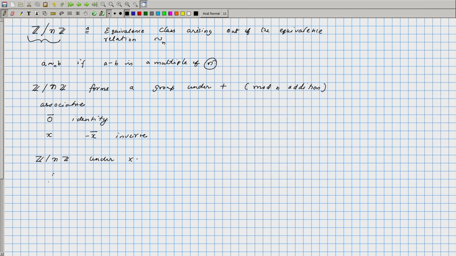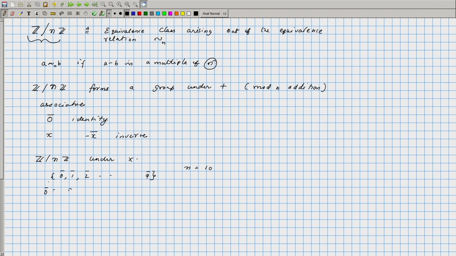If n is equal to 10, then our equivalence classes are 0 bar, 1 bar, 2 bar up to 9 bar. 0 bar consists of all the multiples of 10, 1 bar consists of numbers which are 1 more than a multiple of 10, and so on.